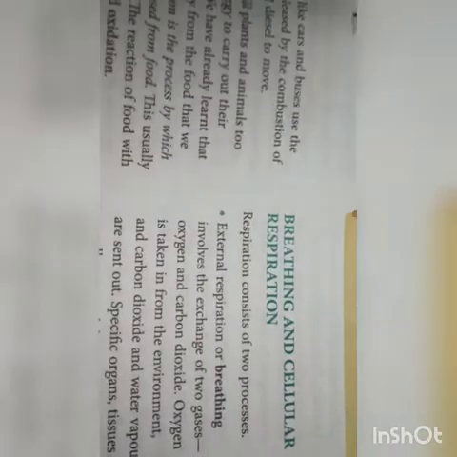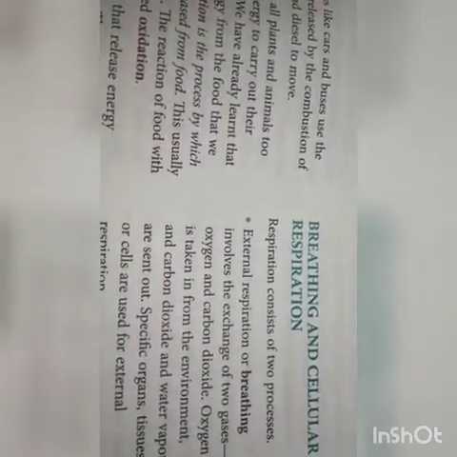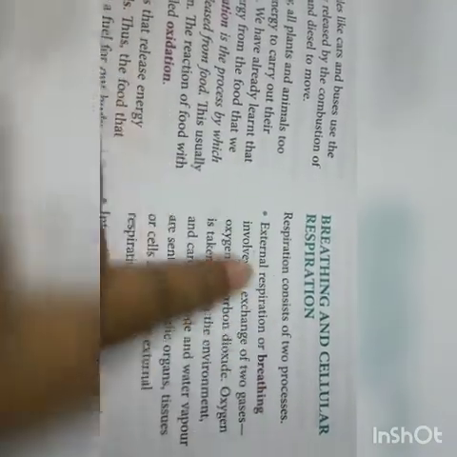Okay. Now, have you heard of breathing? Every time we are breathing in some air and breathing out some air, some gases. So, breathing and cellular respiration. Respiration consists of two processes. External respiration, or breathing, involves the exchange of two gases, oxygen and carbon dioxide.